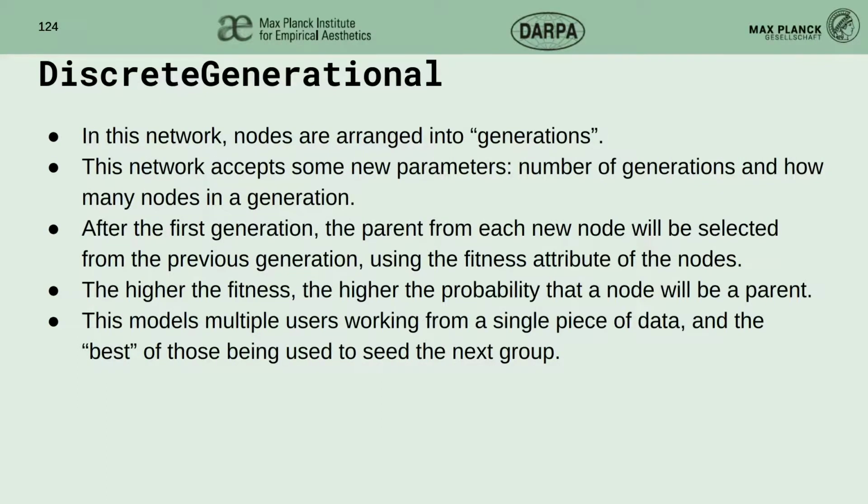Okay, the next network structure that I'm going to talk about is the discrete generational network. If you're familiar with population genetics, this is basically a cultural variant of a Wright-Fisher process. In this network, nodes are arranged into generations, and it has a few parameters. One is the number of generations, and the second is how many nodes there are in a generation.